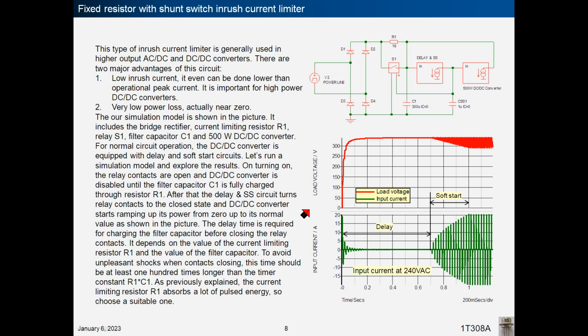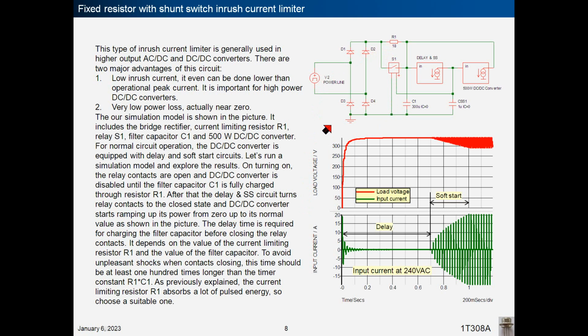The delay time is required for charging the filter capacitor before closing the relay contacts. It depends on the value of the current limiting resistor R1 and the value of the filter capacitor. To avoid unpleasant shocks when contacts closing, this time should be at least 100 times longer than the timing constant R1, C1.